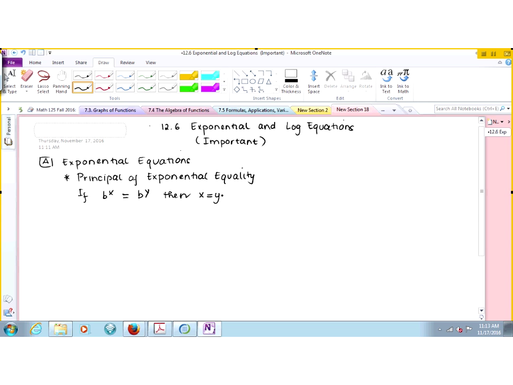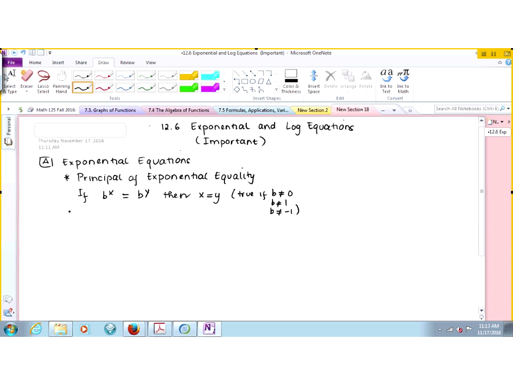They have to be equal. There is no other choice, right? If the bases are equal, then the exponents have to be equal also. So this is always true if b is not equal to 0, 1, or -1.